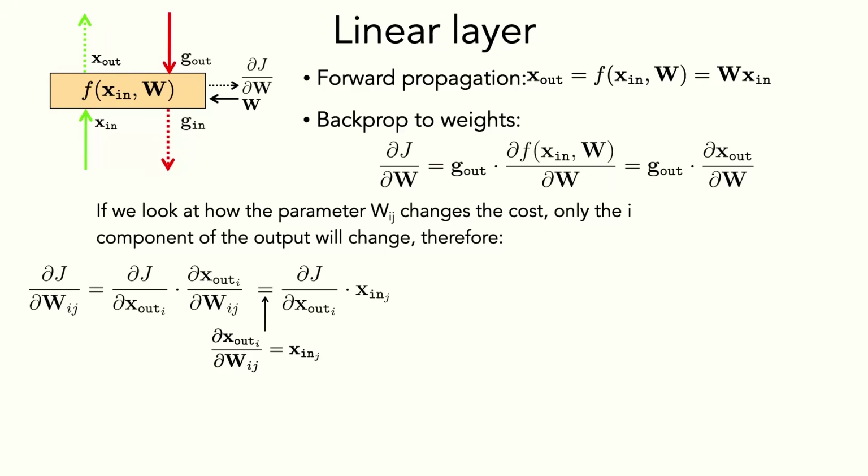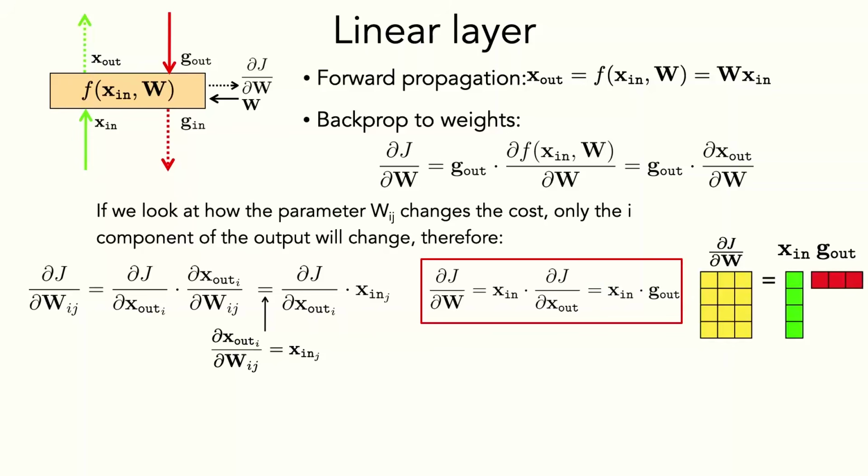The partial derivative of the ith component of the output with respect to the corresponding element ij of the weights matrix is just equal to the input x_j.